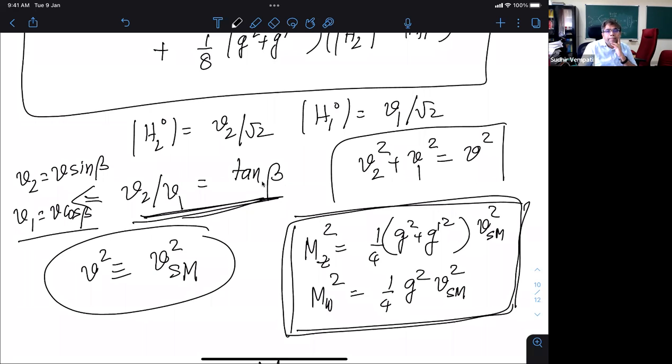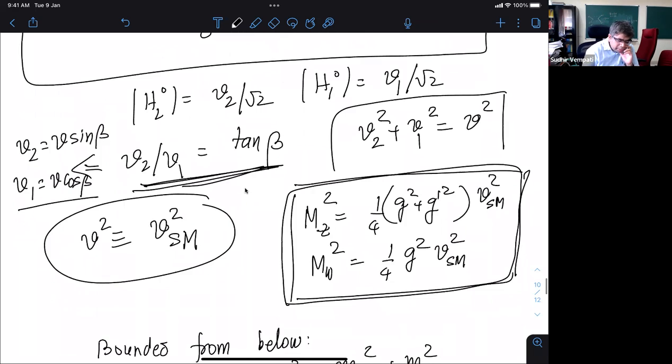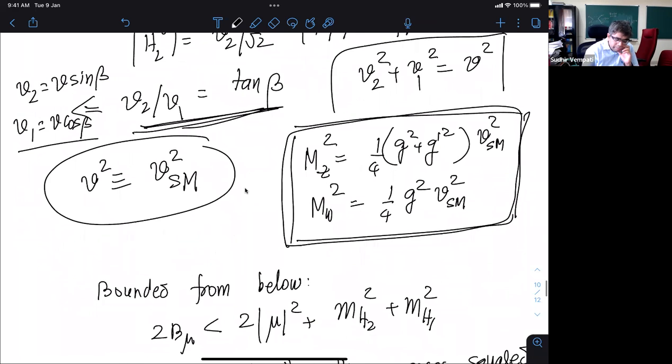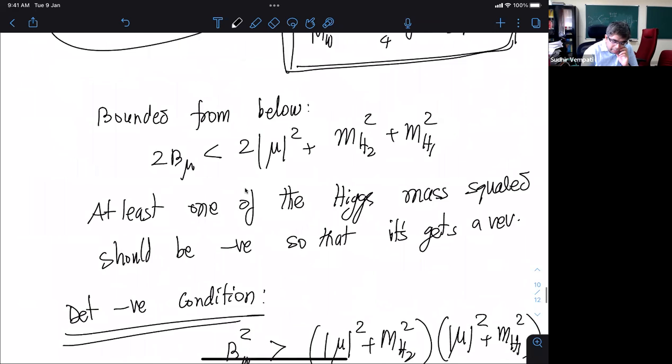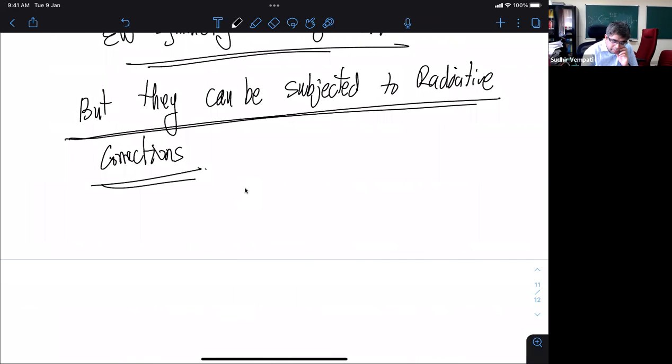In the limit of large tan beta, typically the notation is that the down type couplings become very, very large. So in the limit of large tan beta, what happens is, cos beta is equal to sine beta.